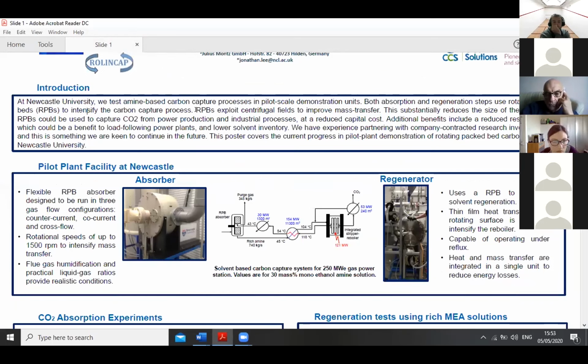The RPBs exploit a centrifugal field to dramatically improve the mass transfer in comparison to a conventional column. This substantially reduces the size of the equipment, and that's the main motivation: to reduce the size of carbon capture plants required for power production in industrial processes, and therefore reduce the capital cost.